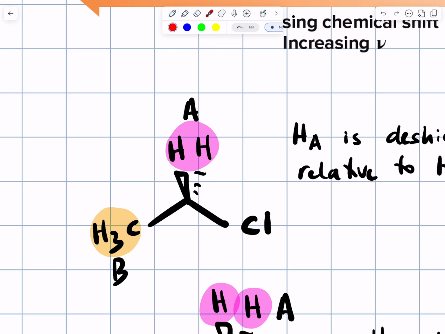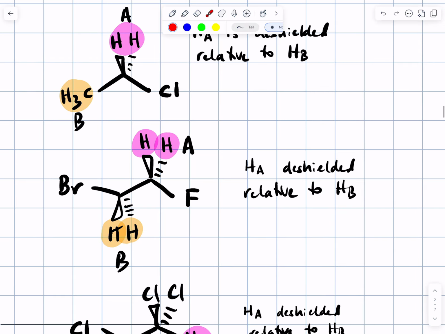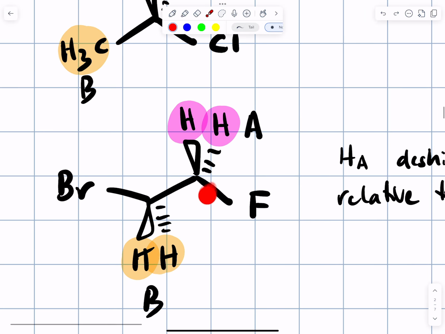The protons that are adjacent or 2 bonds away from chloro are more de-shielded relative to the protons that are 1 to 3 bonds away from chloro. Similarly, being close to a more electronegative element means you're more de-shielded.